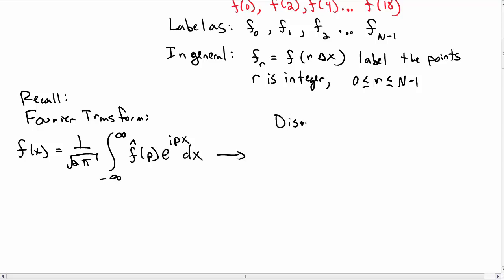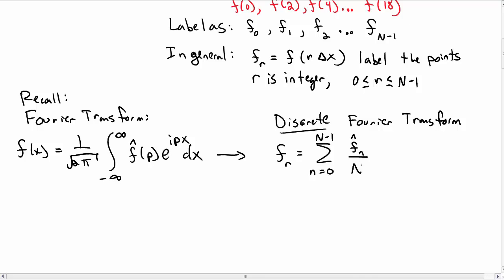For the discrete Fourier transform, we're going to turn this into a sum instead of an integral. So f sub r is a sum from n equals 0 to N minus 1 of f hat of n divided by big N, e to the minus 2 pi i over big N, times n times r.